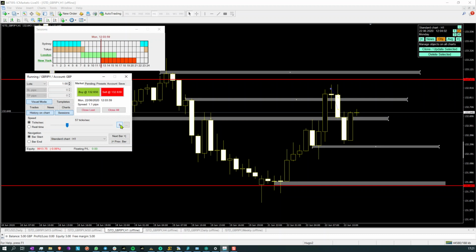But this is a bearish engulfing, a very beautiful bearish engulfing. So if it breaks its own high, I'm very interested in this trade. Yeah, I'm going to buy here.